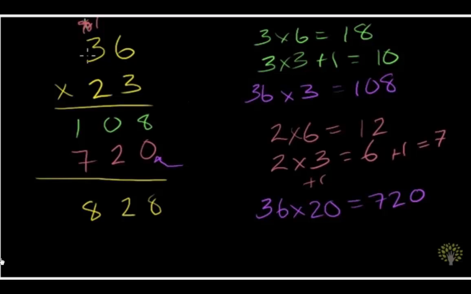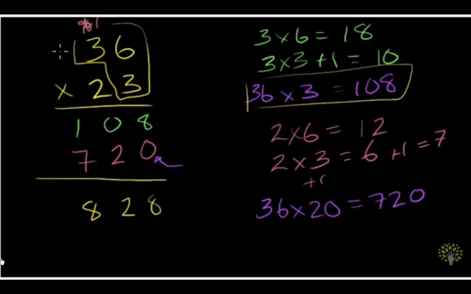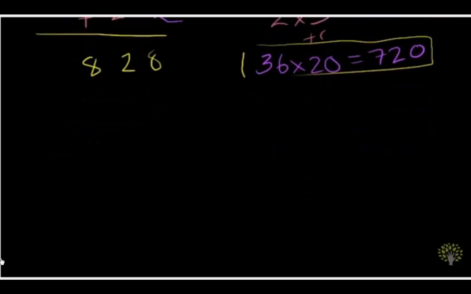Why were we able to figure out separately 36 times 3 is equal to 108, and then 36 times 20 is equal to 720, and then add them up like that? Because we could have rewritten the problem. The original problem was this.